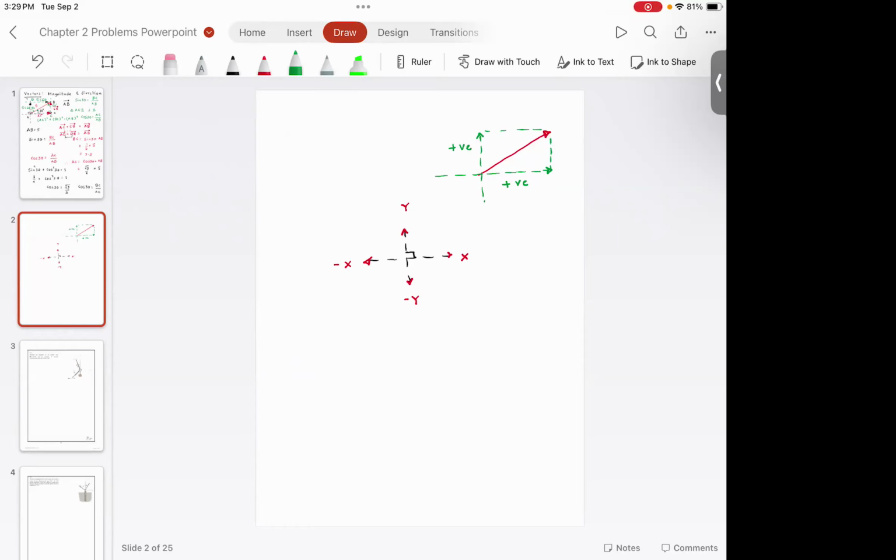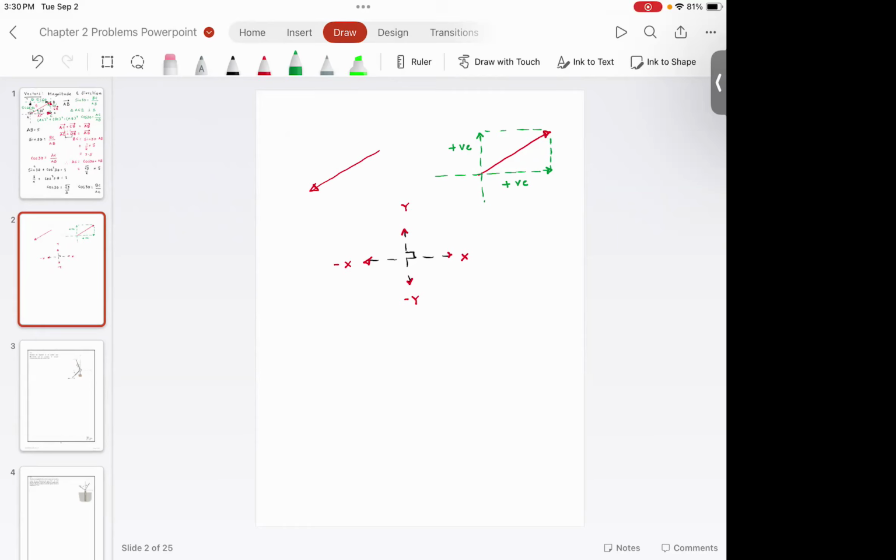If you have a vector going in this direction, and it is extremely important because we are going to get vectors in 3 dimensions. So we need to understand whether x component is positive, y component is positive, or z component is positive.